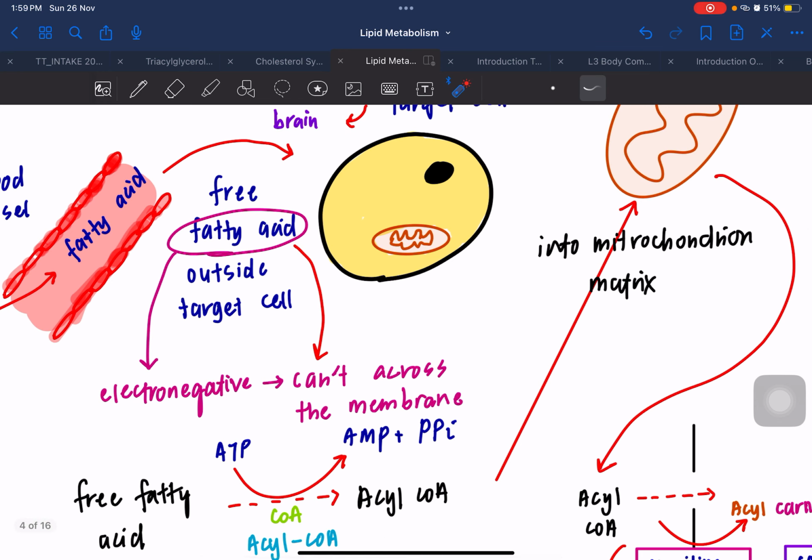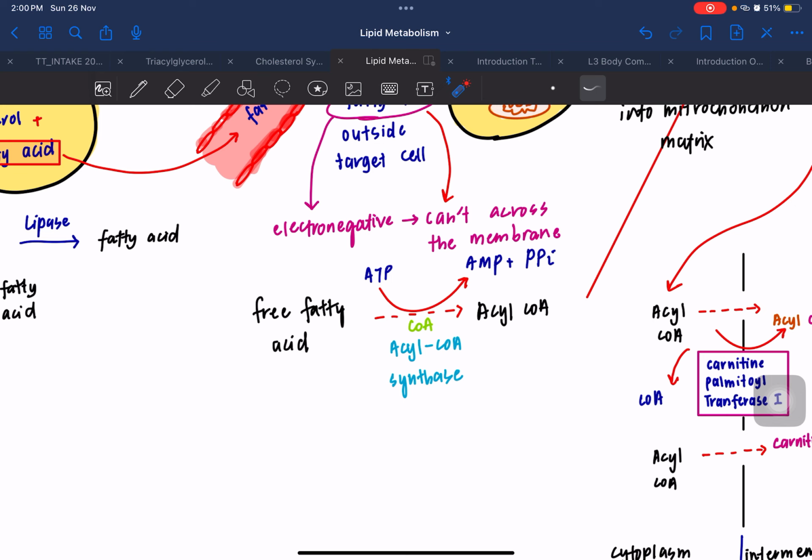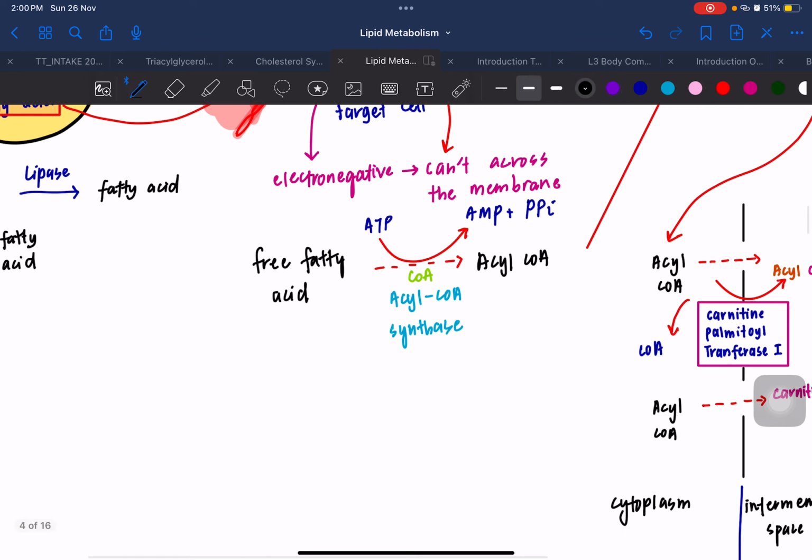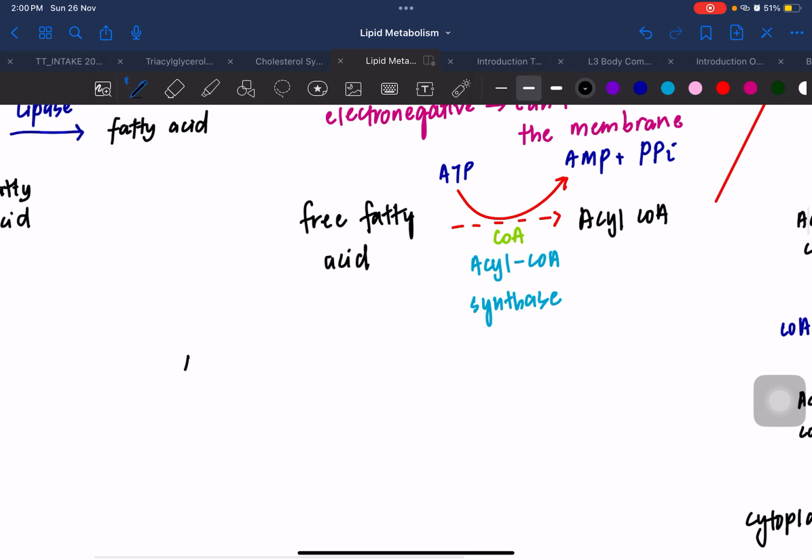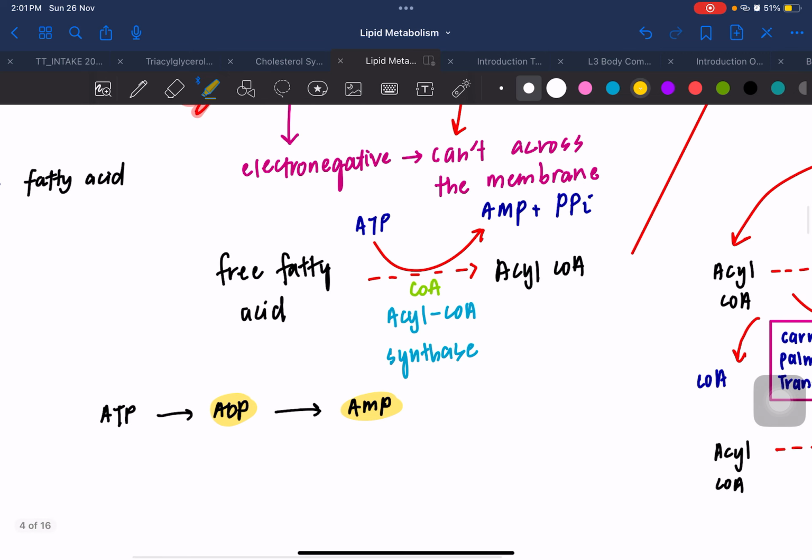Sebab if you are aware, from ATP to AMP, adenosine triphosphate to adenosine monophosphate, basically kita guna 2 tenaga atau energy here. So from ATP first dia akan pergi ke ADP, adenosine diphosphate, and then barulah adenosine monophosphate. And kita guna 2 level of energy here, betul tak? So dia akan gunakan dua energy in this phase.